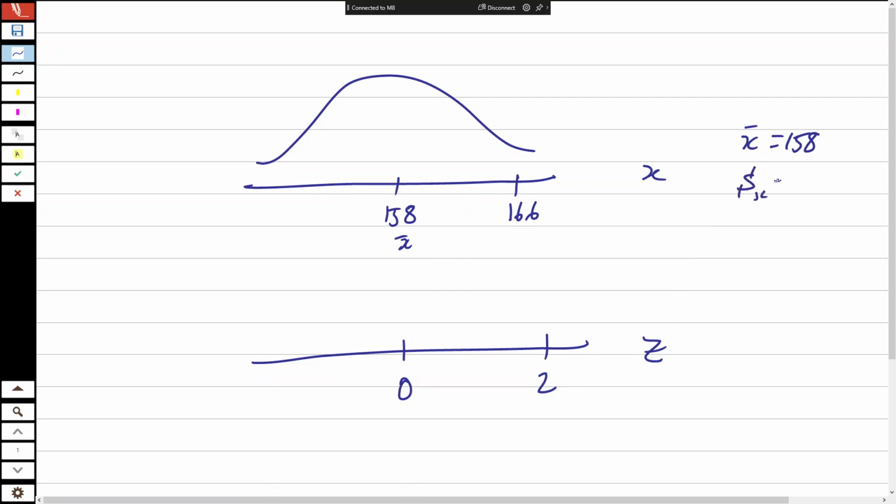Sx equals 4. So this is 2 standard deviations away from the mean. So can you see, when I'm asking what percentage of people are taller than 166, it's the same as asking what percentage have a z value greater than 2. Is that okay?